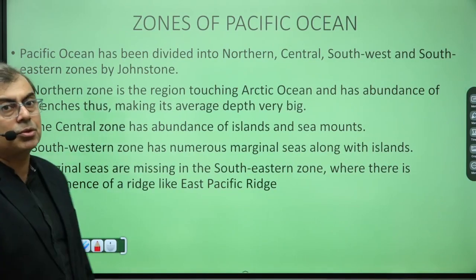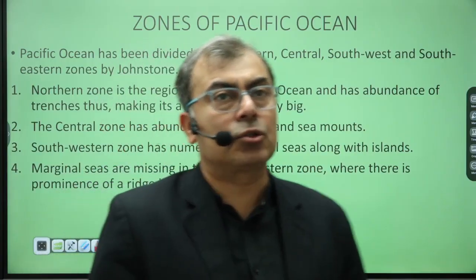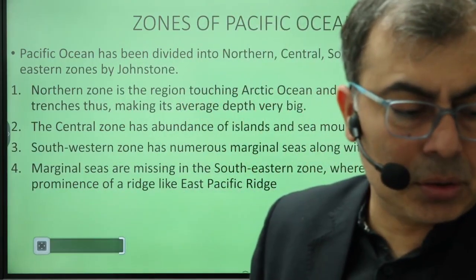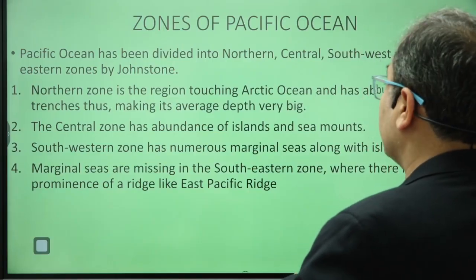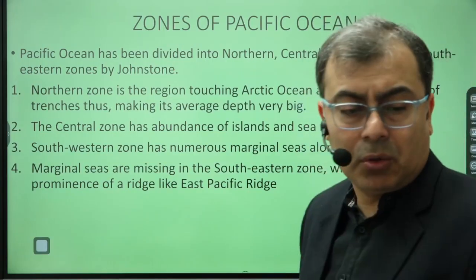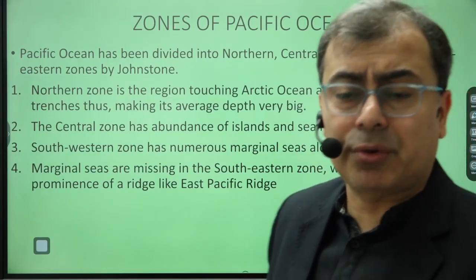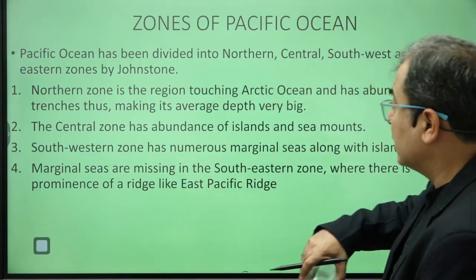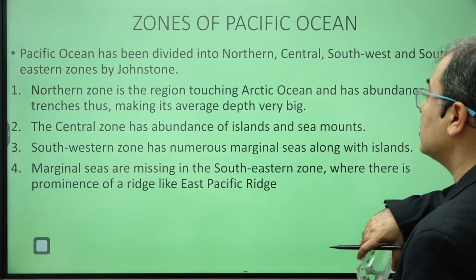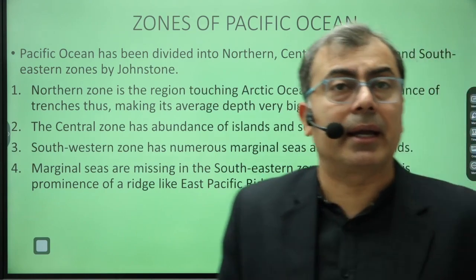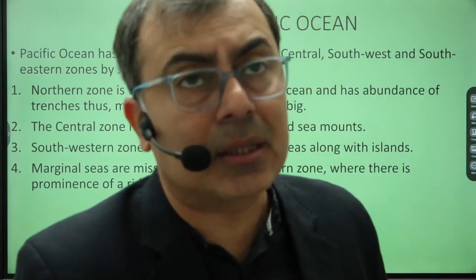Zones of Pacific Ocean. When we are looking at zones of Pacific Ocean, तो इसमें क्या आएगा? Northern zone is touching the Arctic region. Abundance of trenches are there. So already you know Japan Trench, Ryukyu Trench. Yes, all those trenches are there. Central zone has a lot of islands and seamounts, where we have the Hawaii and the Polynesia, Micronesia, that's there.